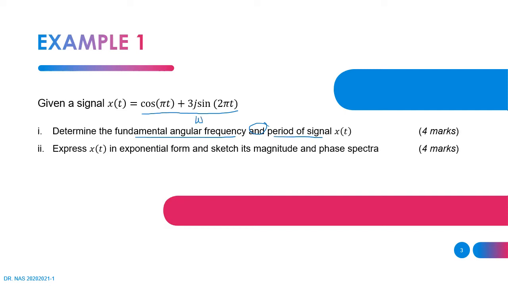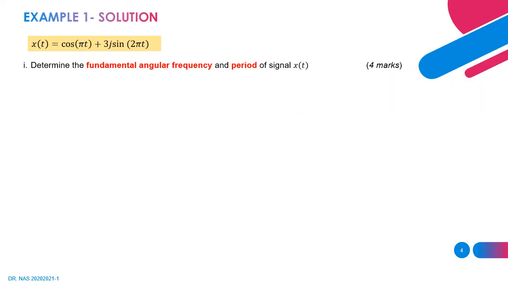It is omega naught in radian per second, and the period of signal is T. Then the second question, you need to express in exponential form, and then sketch both the magnitude and phase spectrum.